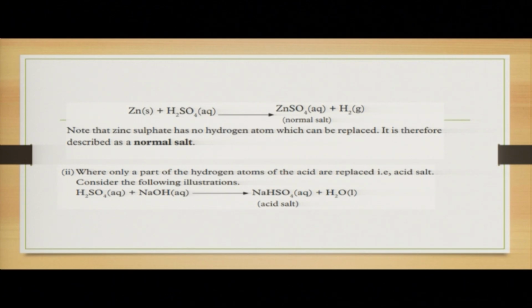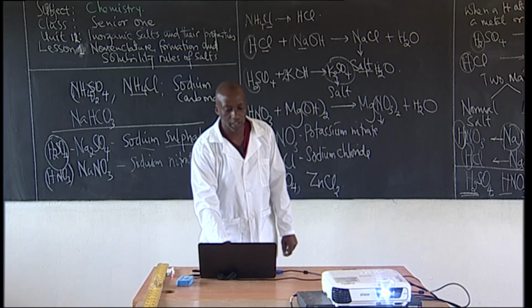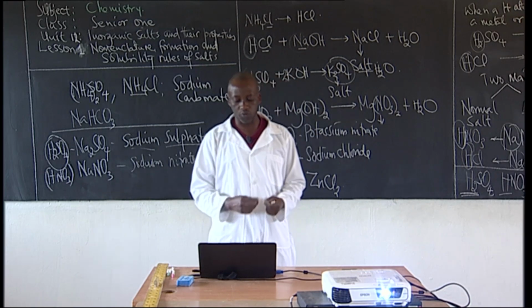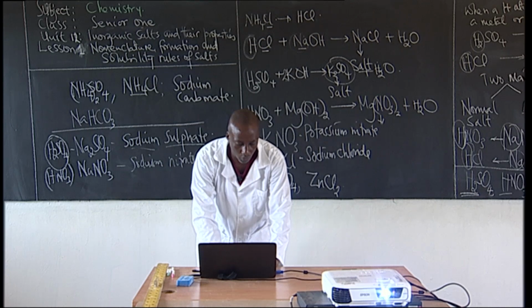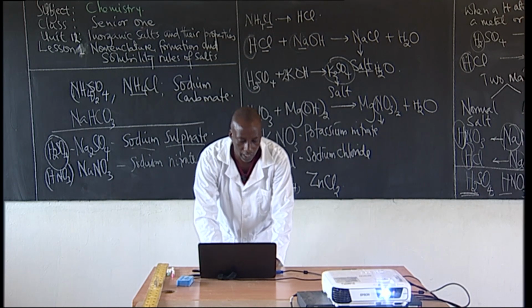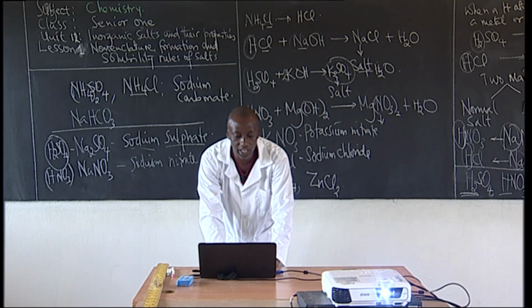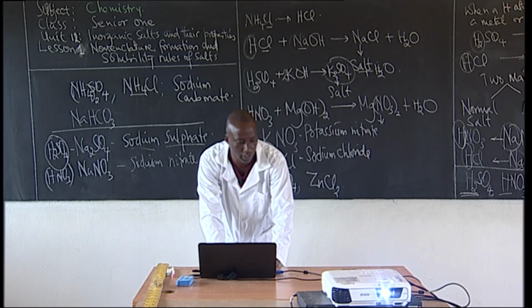Now just go to the screen over there. You look at some of the reactions. Those 2 reactions are forming 2 different main salts. So we have the zinc metal reacting with sulfuric acid. It is forming a normal salt, which is zinc sulfate, and hydrogen gas.